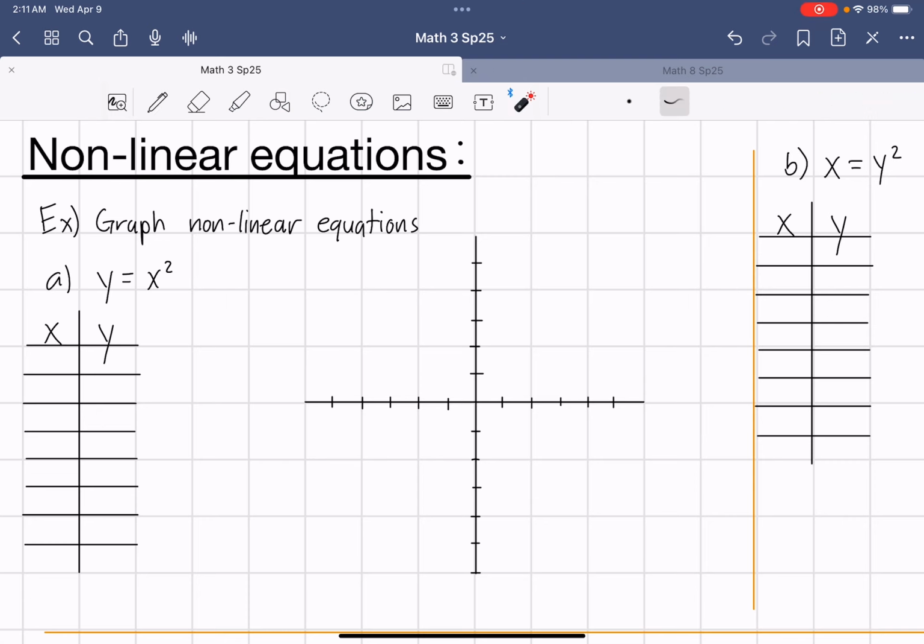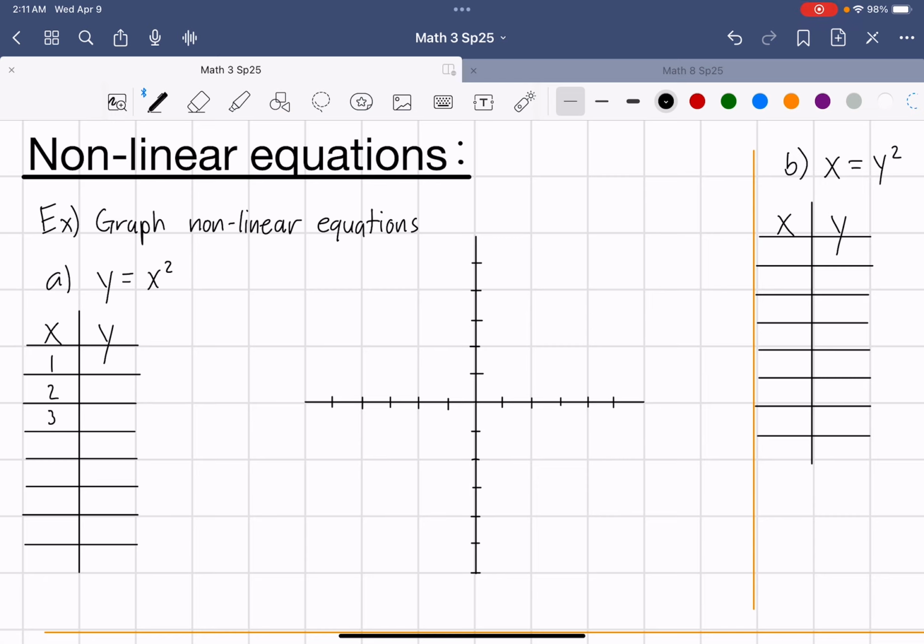Now, for linear equations, all you needed was 2 points and you have your line. But when it comes to nonlinear equations, we might need multiple points to determine what our graph is. Sometimes some of the first numbers we choose are 1, 2, 3. Right? We always choose nice ones.